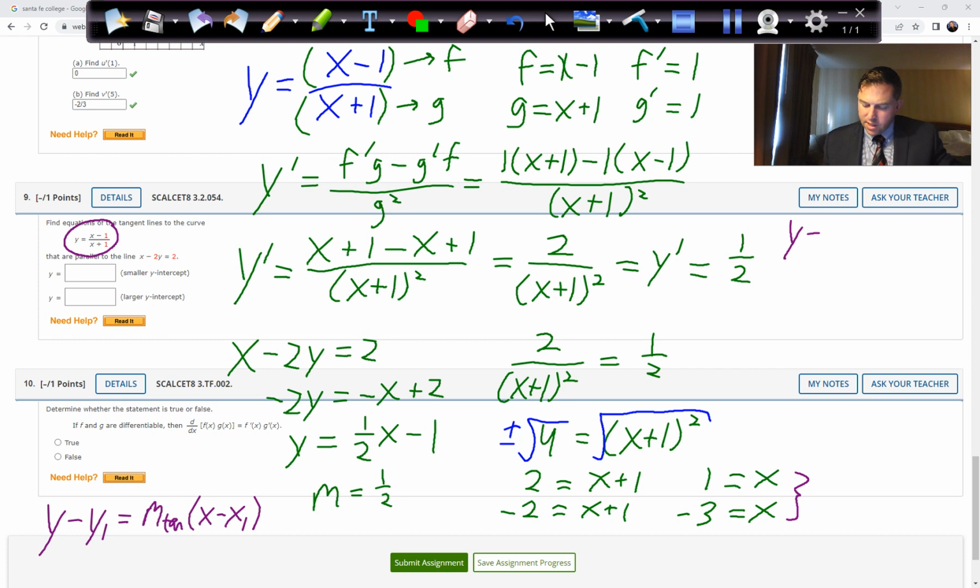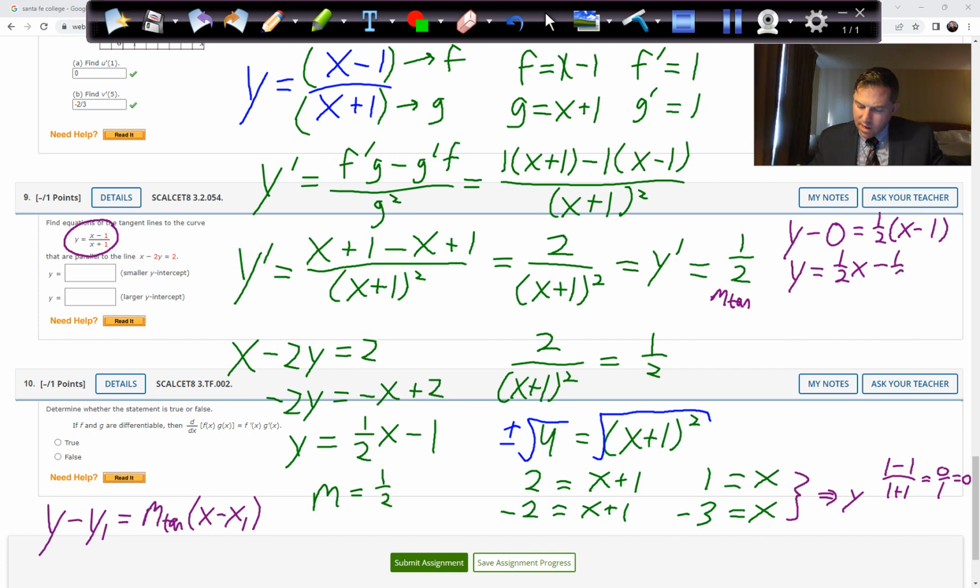So we have to plug these into the original y function. So let's actually do that. It's going to be x is 1, so you get 1 minus 1 over 1 plus 1, which is 0 over 1, which is 0. So y1 in this first one is 0. Equals m tan, that is this 1/2. So it's going to be 1/2 times x minus x1, which is 1. So this is going to be 1/2 x minus 1/2. That's one equation.